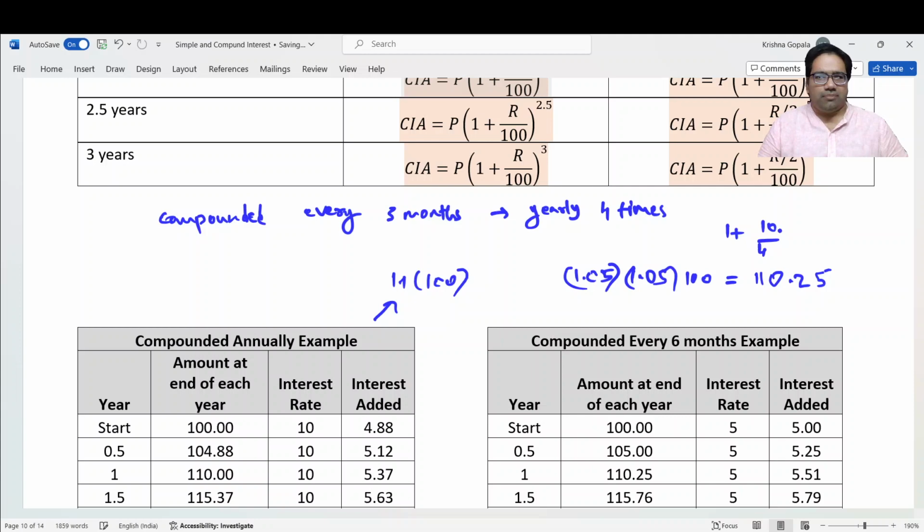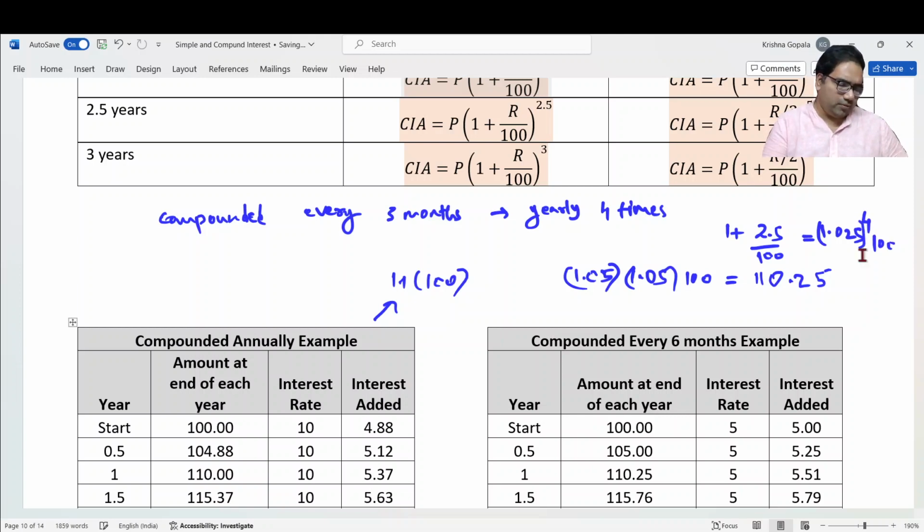Your R becomes 10 by 4, which is 2.5, so 2.5 by 100. That becomes 1.025. Now your total amount will become 1.025 to the power 4 into 100.